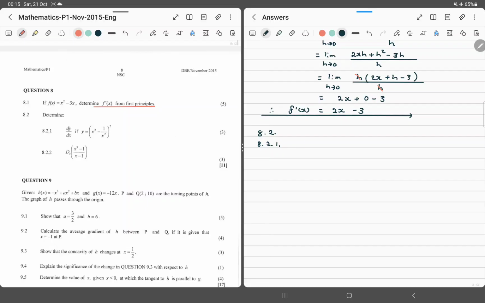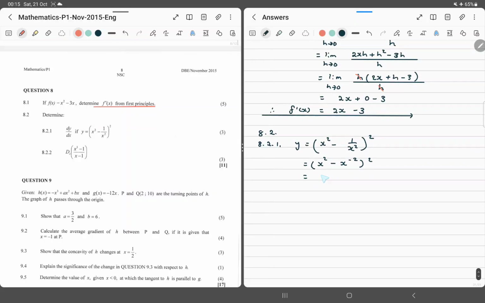All right, 8.2.1. We are given here y is equal to x squared minus 1 over x squared, all of that squared. So let's simplify this first. This is x squared minus, we take this into the numerator, so this is going to be x to the minus 2, all squared.